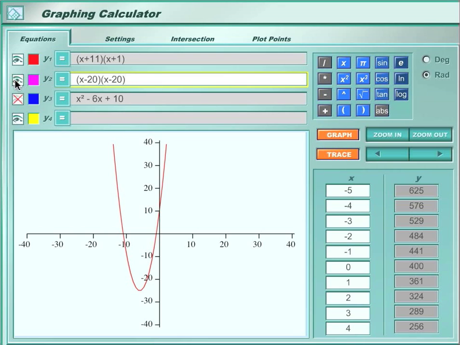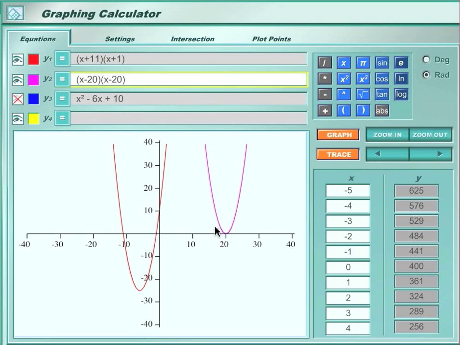Let me uncheck this and hit the graph. And see, there it is right there. When you have a double root, the vertex of the parabola is exactly on the x-axis. So we have a situation where the parabola cuts the x-axis in 2 places, and we have it where the vertex of the parabola, the turning point, is exactly on the x-axis.